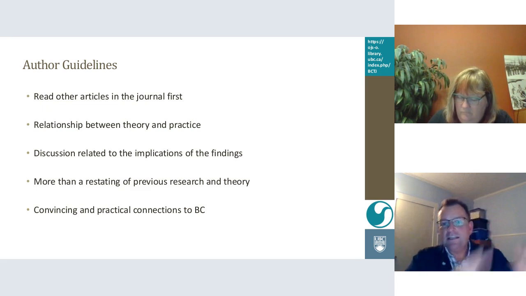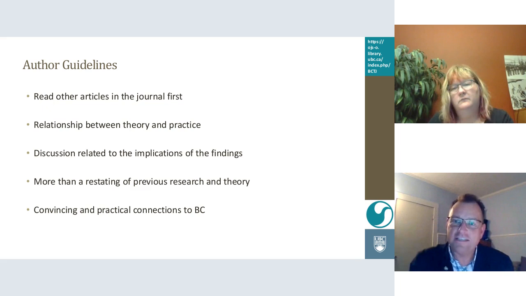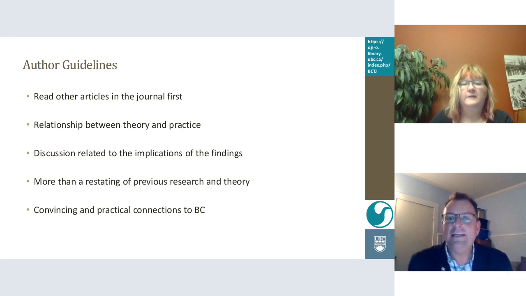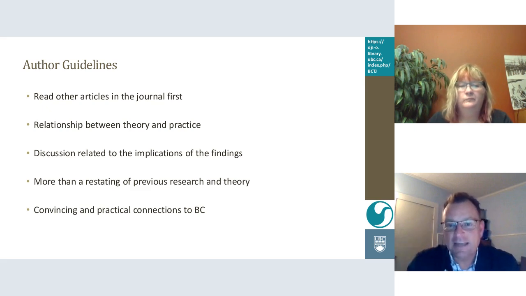But if all you've done is told us about this theory, that's not enough. You have to tell us the implications for a specific context. So let's say you want to do that article on a review of second language acquisition theory. Well, what new are you adding to it? So maybe a review of second language acquisition theory as it connects to LINC classrooms in British Columbia. Boom, now you're publishable, right? And so this is the idea of adding something else to it.